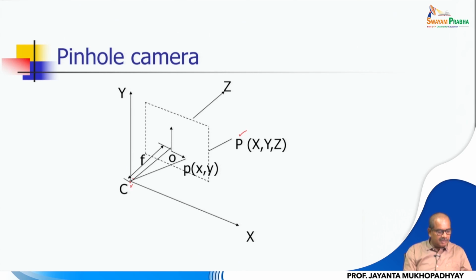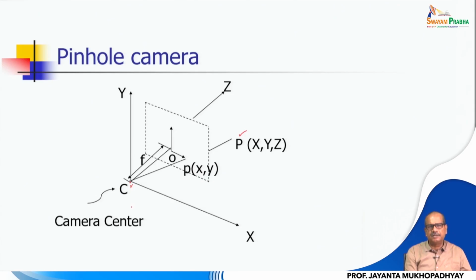Just to note the different components or nomenclatures of this configuration, we say this center of projection is the camera center, because it is the center of the lens of the camera.